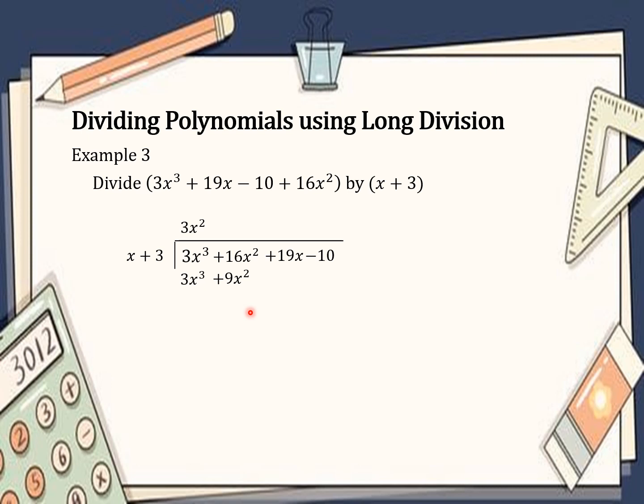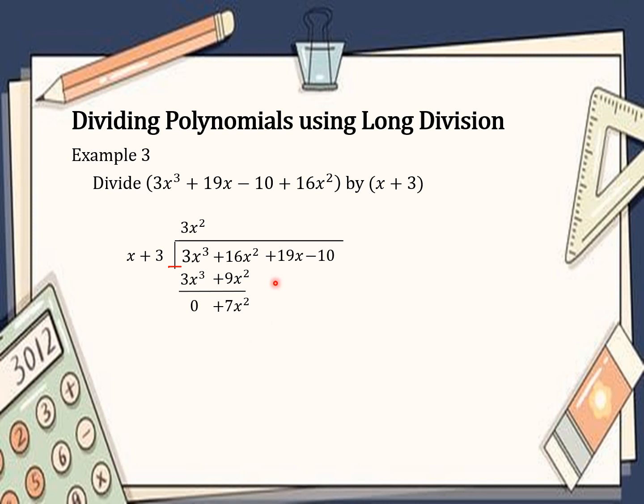We will subtract. Okay, so we will subtract the first two terms of the dividend by the product we obtained. So we'll have 3x cubed minus 3x cubed is 0. And then 16x squared minus 9x squared is 7x squared.